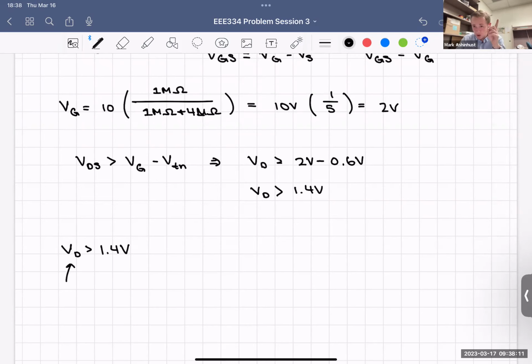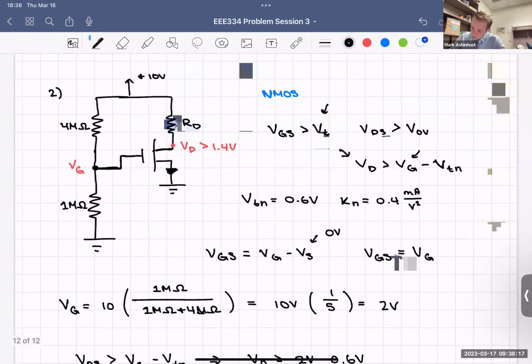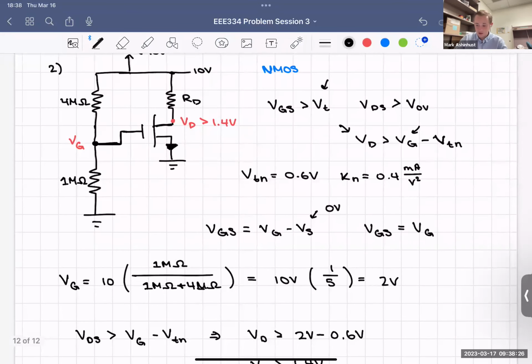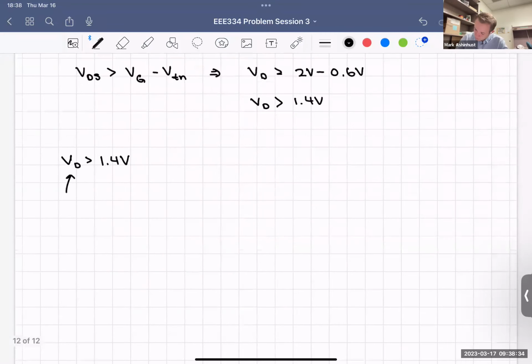The one part of VD we're going to be missing is RD, exactly what we're solving for. Very easy to figure out. We have 10 volts up here, and we have RD, and then we have VD. So we have 10 volts, we have the current ID that's coming down here, and then RD. So VD is equal to 10 volts minus ID times RD.